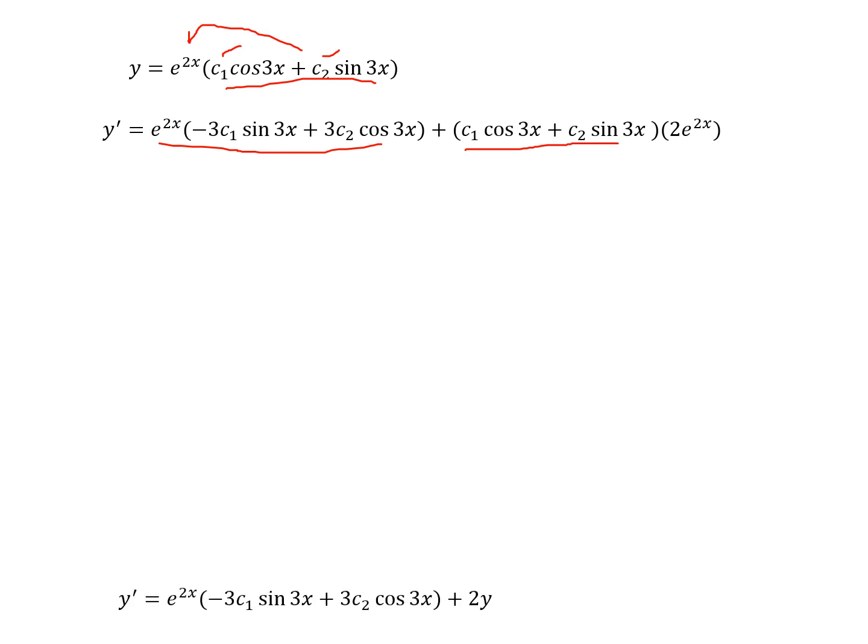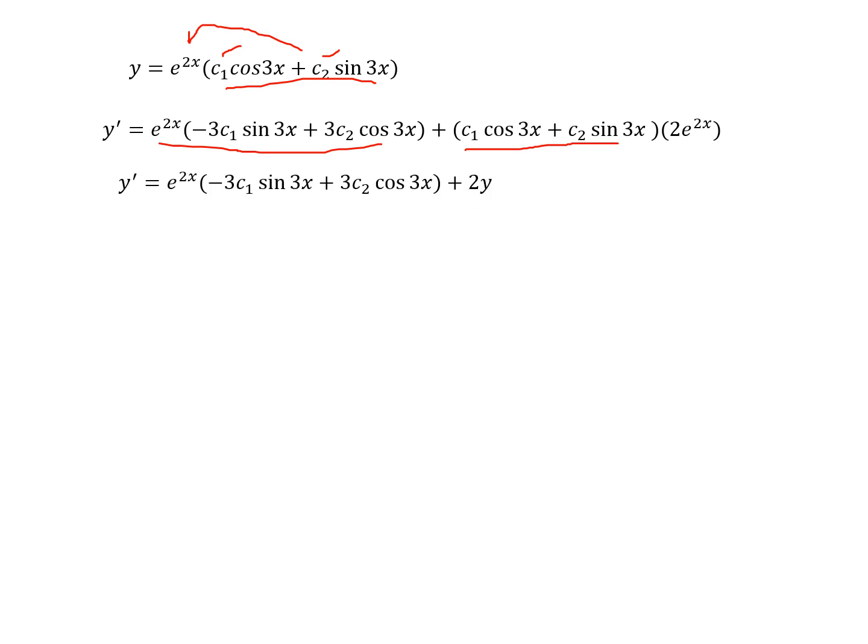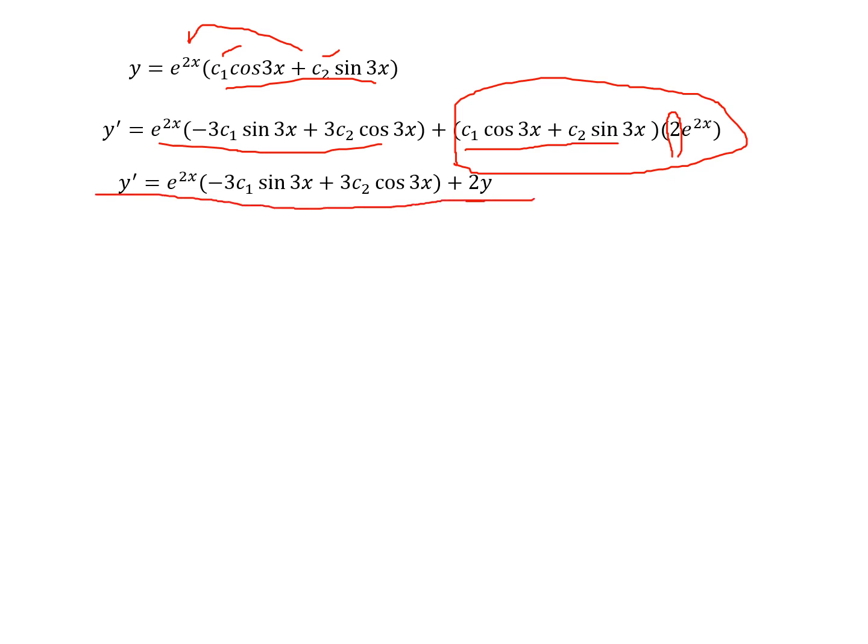And then this will be important to us now. If you notice, this is repeated in the original equation with the introduction of the 2, so I just put 2y there, and this is the first derivative, y prime.